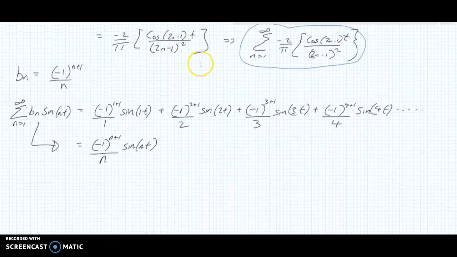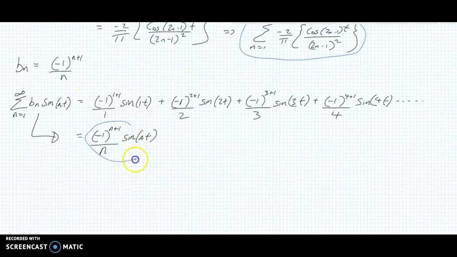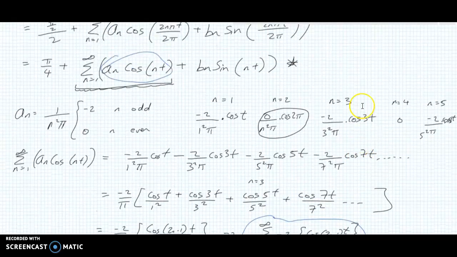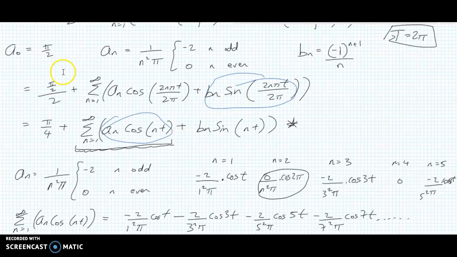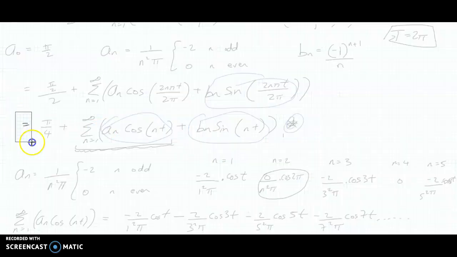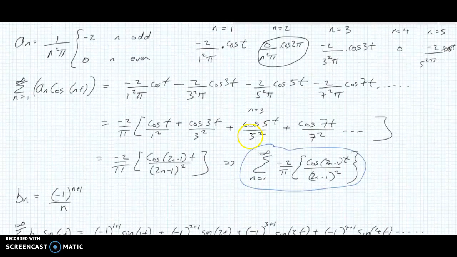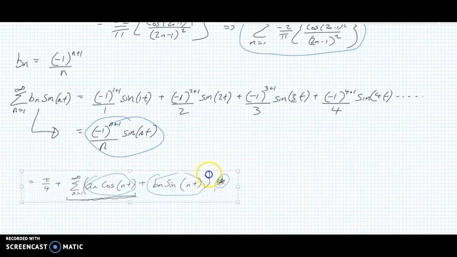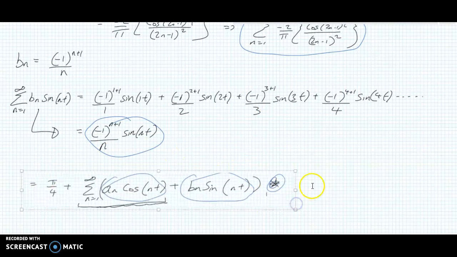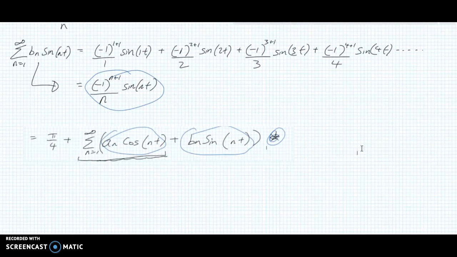And the bn sin nt bit will slot in up here, actually down there at the star. So I can copy that down. There it is.